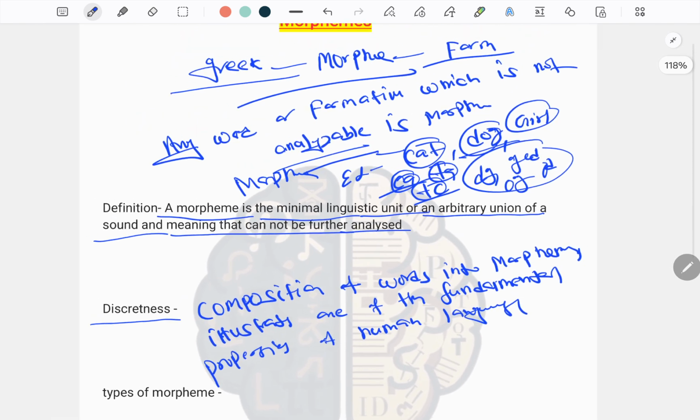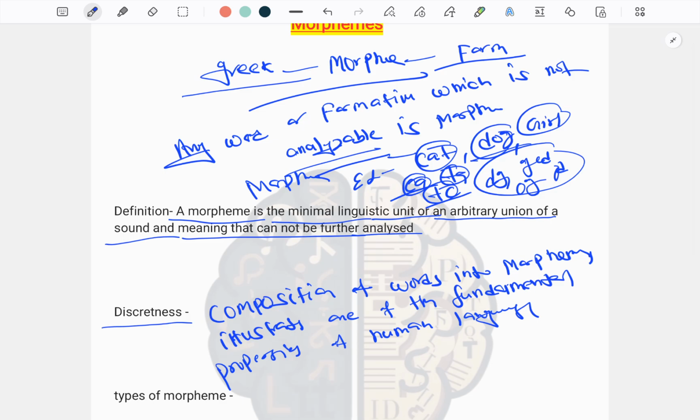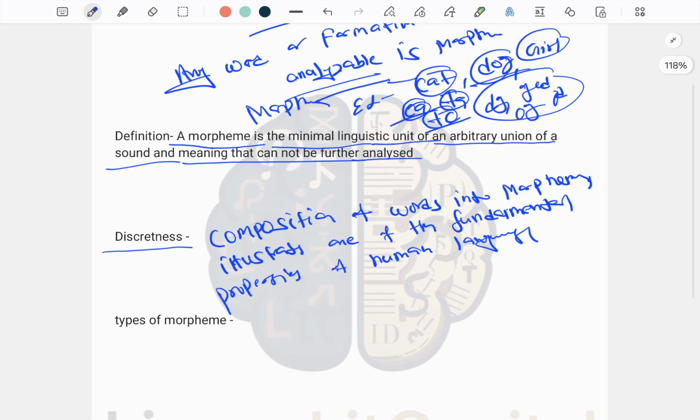Like we have studied before, in our language sound units combine to form morphemes, morphemes combine to form words, and words combine to form larger units like phrases and sentences, which we have already discussed. So the composition of words into morphemes that illustrates one of the fundamental properties of human language is known as discreteness.